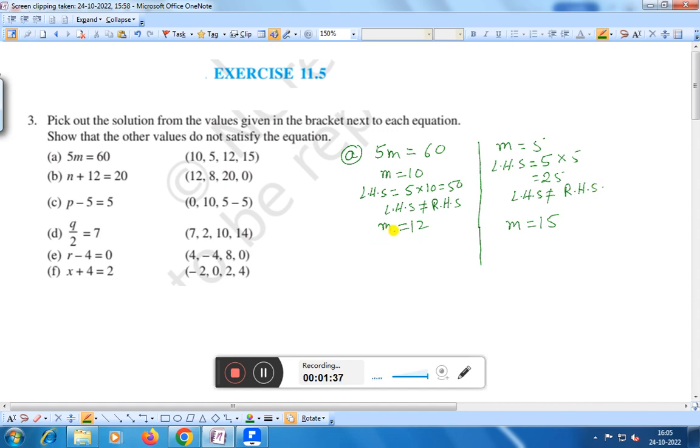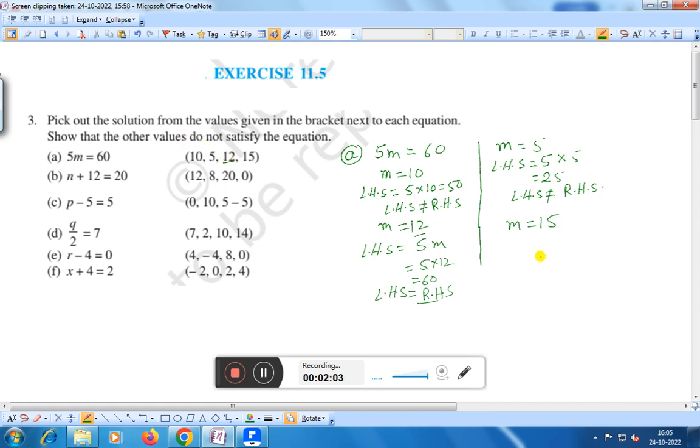Now if we take m equal to 12, then left hand side equal to 5m, that is 5 into 12 is equal to 60, and here you see left hand side is equal to right hand side, therefore this is the solution. M equal to 12 is the solution of the equation.